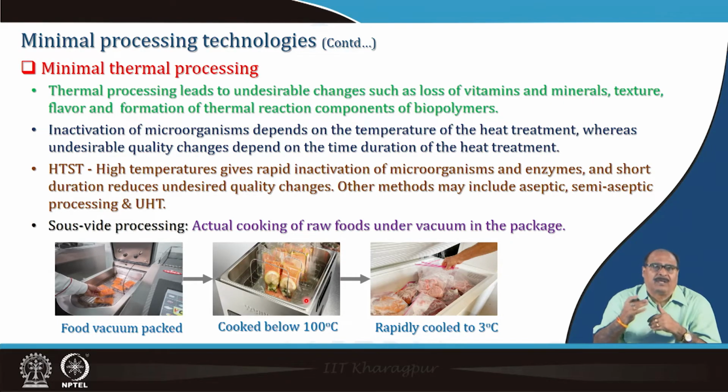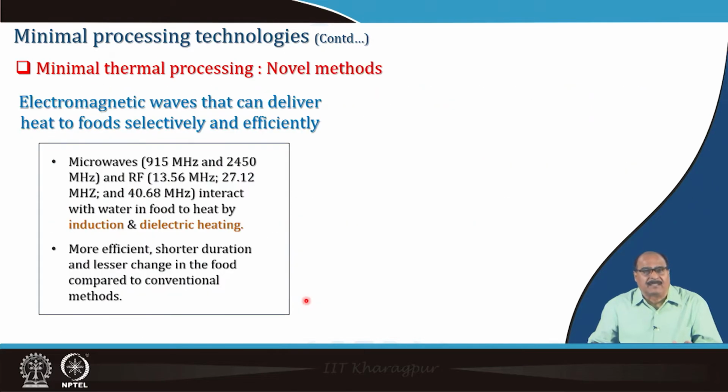So, they are more resistant. That is taken advantage of in the HTST processes, etc. So, aseptic methods and ultra high temperatures can be considered as minimal thermal processing technologies.